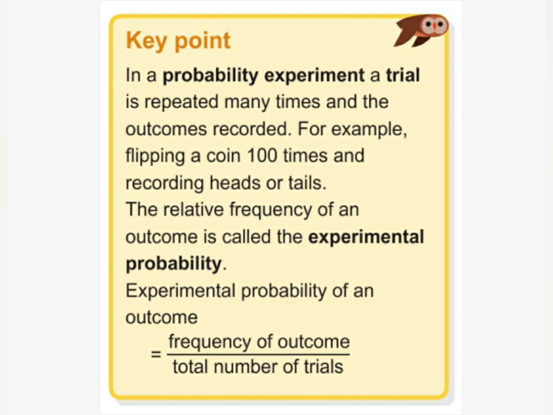I might get 1 head and 99 tails, for example. So when we talk about the difference between theoretical probability and experimental probability, theoretical probability is in theory and experimental probability is talking about an experiment itself. Now, we're going to study some questions about experimental probability and then we will understand more what it means.